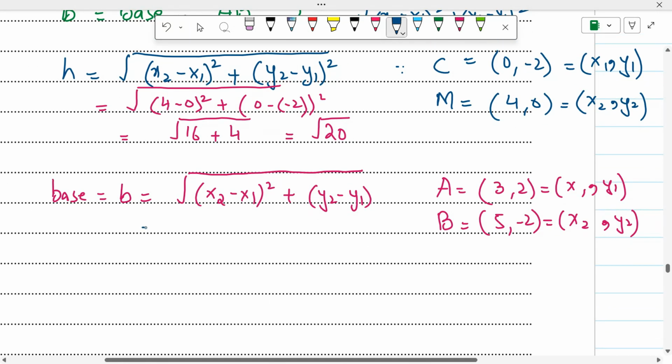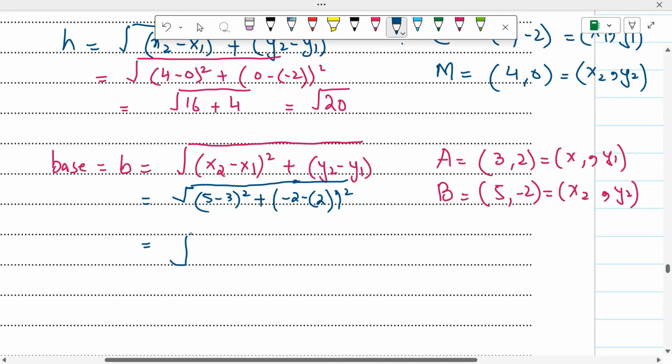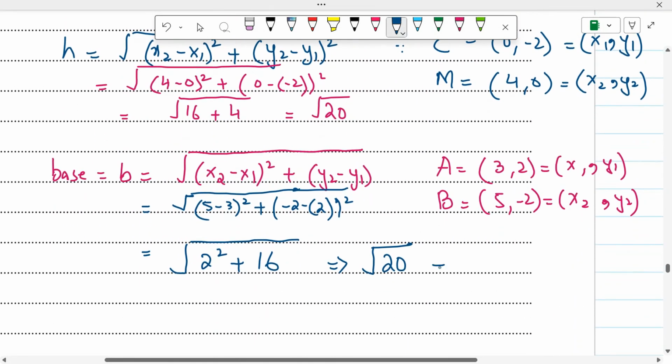Now plugging in, we will have under root of (5 minus 3) whole square plus (negative 2 minus 2) whole square. Solving further, 5 minus 3 is 2 square and negative 2 minus 2 is negative 4. Negative 4 square is 16. So this is also equal to under root 20. So we have the base, which is under root 20.